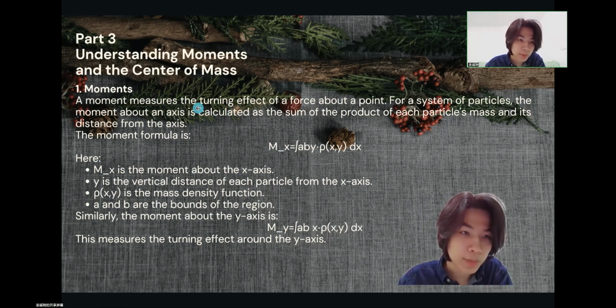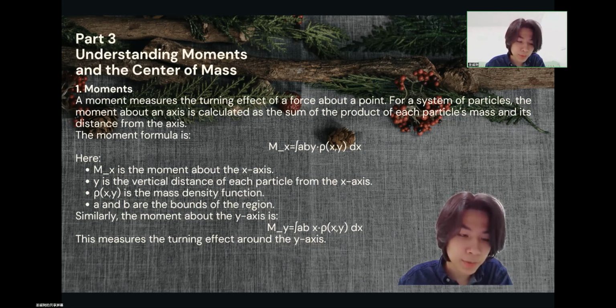First, we talk about moments. A moment measures the turning effect of a force around a point. For a system of particles, the moment about the x-axis is found by summing the product of each particle's mass and its distance from the x-axis.